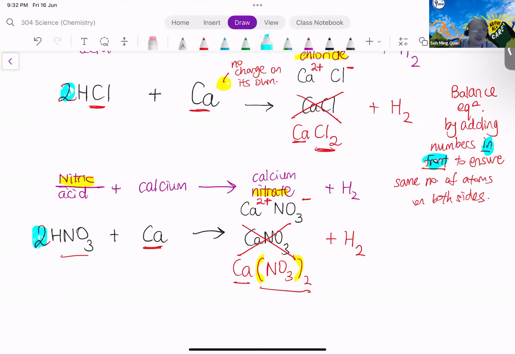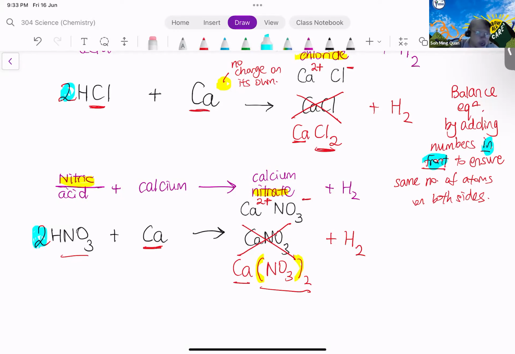All right. Now, with that, today we have really gone through how to write the formula of ionic compounds and covalent substances. We have also gone through the first acid reaction, which is acid plus metal forms salt and hydrogen gas. We have gone through how to balance the equation by adding in numbers in front. And this is the purpose of ensuring you have the same number of atoms on both sides of the equation.